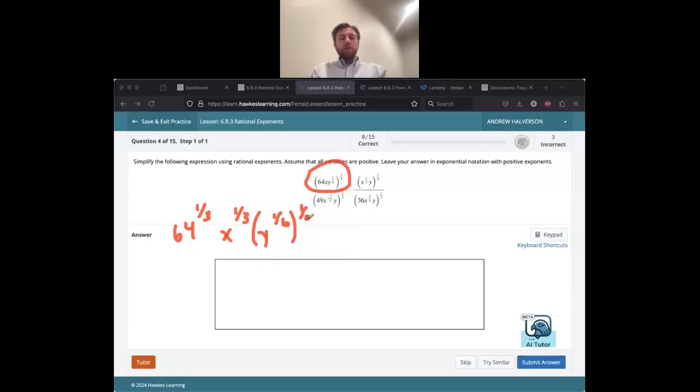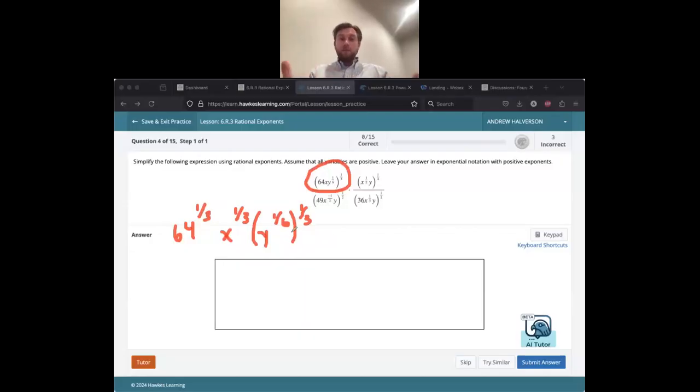So this top one becomes 64 to the 1/3, x to the 1/3, y to the 1/6 to the 1/3. Good so far? All I did was just say, hey, everything inside is getting its own 1/3 power. Cool?